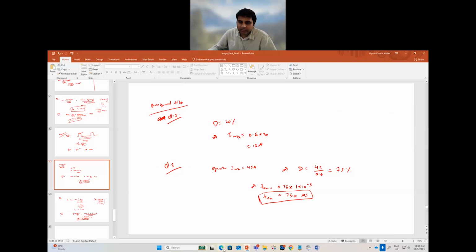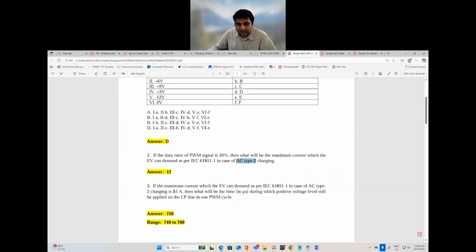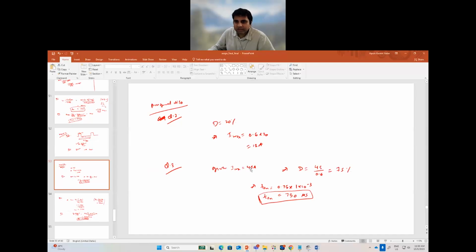Then in the next question, it is given that 45 ampere is the current which the EV can demand. Correspondingly, we have to find the duty ratio, and then from the duty ratio find the time during which the positive voltage level is applied in one PWM cycle. Imax is 45 ampere, so again it comes under the 10 to 85% bracket.